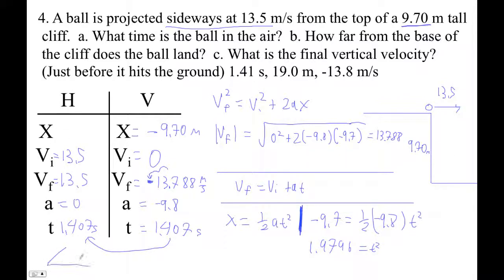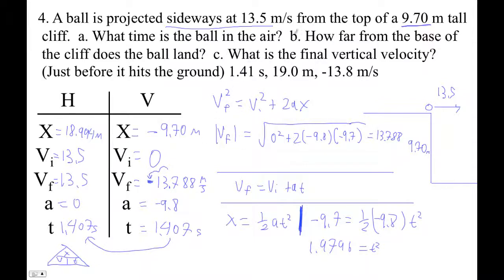We're going to use this guy here, right? What is it? It's vxt. Okay, so v is x divided by t, so x is vt. So 13.5 times that. So I go times 13.5. I got 18.994 meters, right?